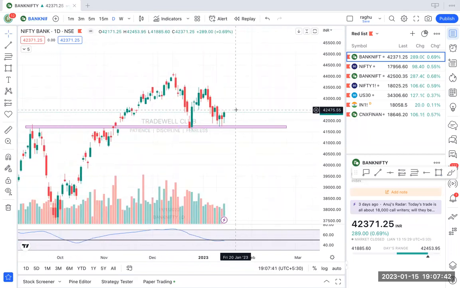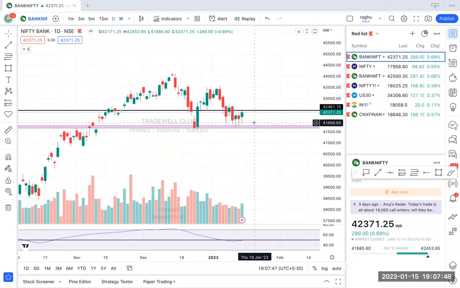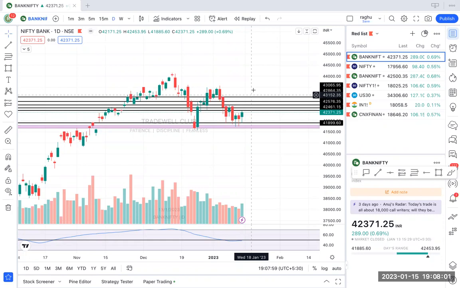Now what we need to see is support and resistance for the week. The first support or resistance is this particular point, upper side 1, upper side 2, and if I can see 3, if I can say 4, I don't think so. We might get this big, but yeah, there is a budget also.